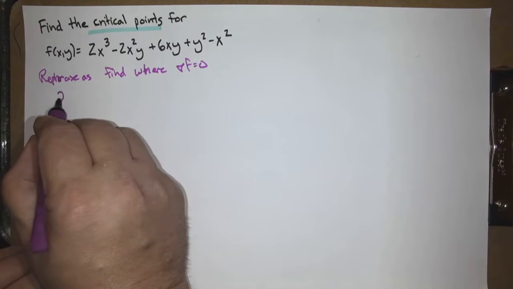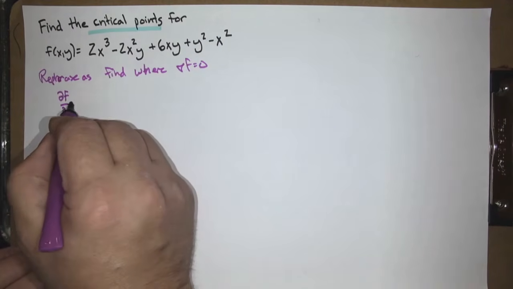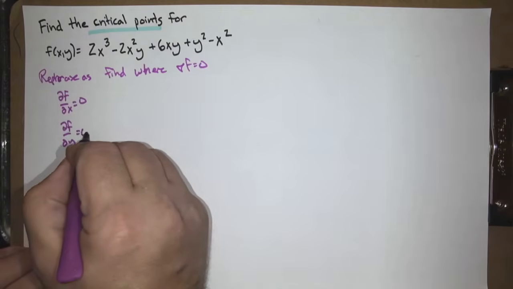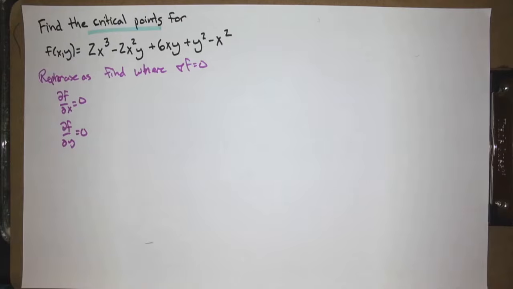Which becomes partial f partial x equals 0 and partial f partial y equals 0. Because when we talk about the gradient equals 0, we really mean the 0 vector. All the entries are 0. It's zeros across the board. So we get 2 equations.